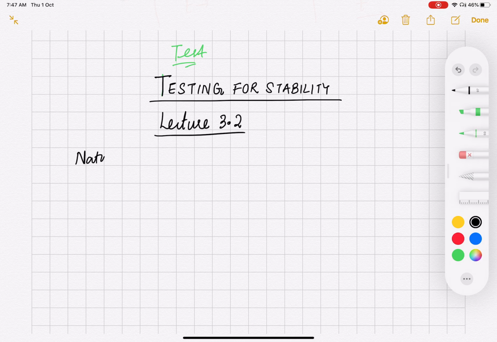Once you equate the characteristic polynomial to 0, you get the characteristic equation, and the roots of the characteristic equation are the poles of the system. So you can immediately say that the poles of the system on the s plane are lying in the negative half, and hence the system is stable, right?